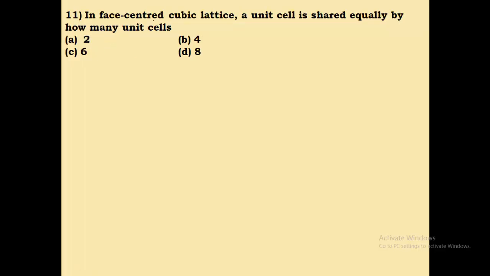Eleventh one, in a face-centered cubic lattice, a unit cell is shared equally by how many unit cells? Here in each face, half of the portion belongs to the unit cell.